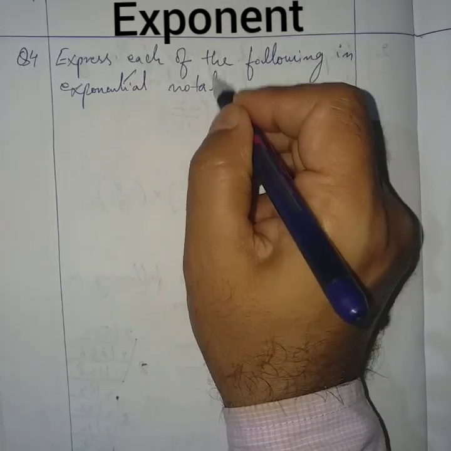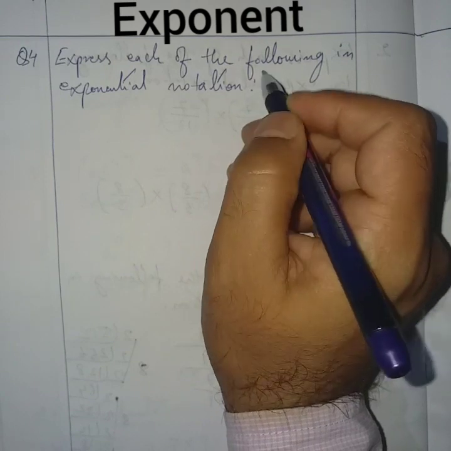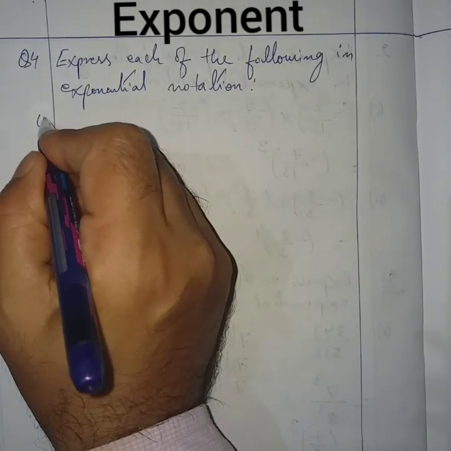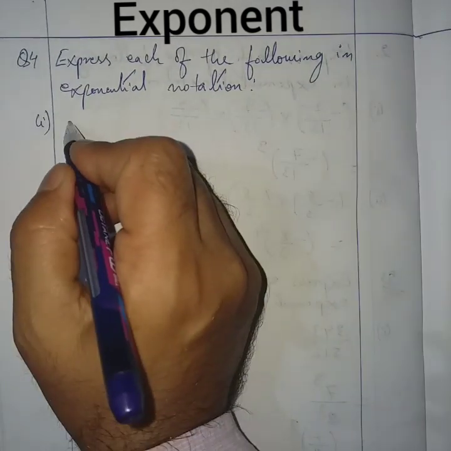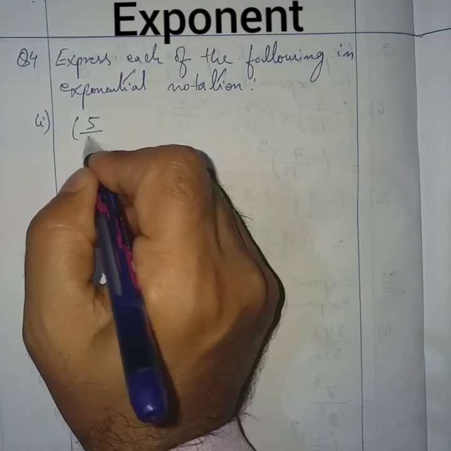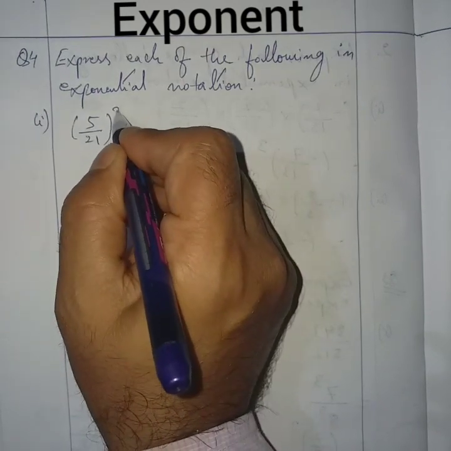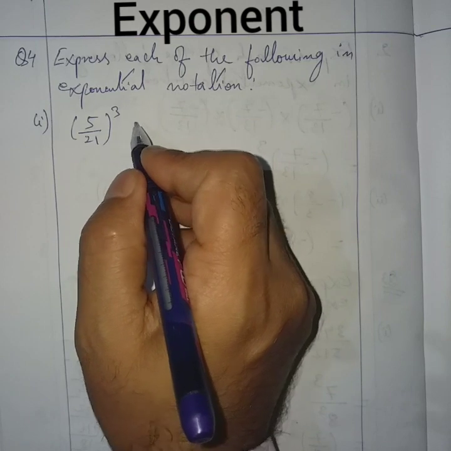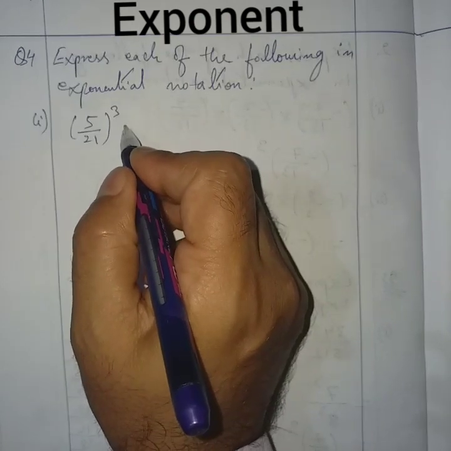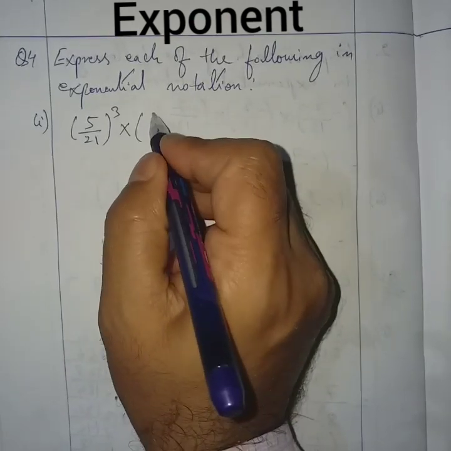So here we have to use laws of indices, or laws of exponent. Question number 1, 5 by 21. I hope you have memorized the laws of exponent. Now we have to use those laws here.